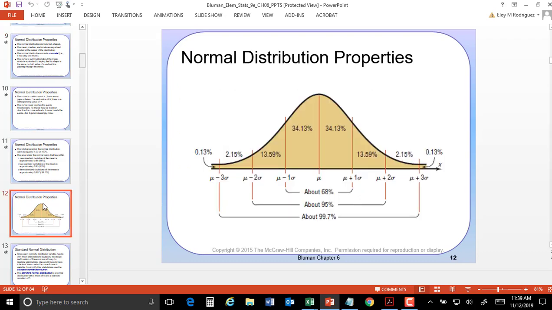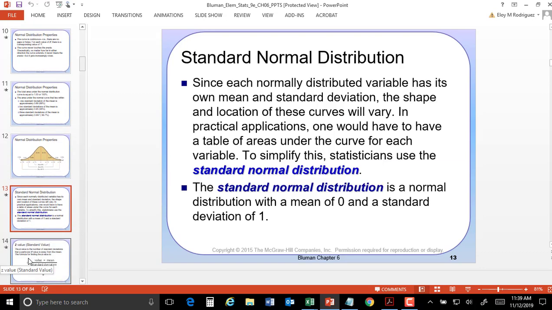So we can see that plus and minus 1 deviation from mu, just 1 deviation plus and 1 deviation minus, contains 68% of all observations in a bell curve. Well, that's nice. Okay, now we have the standard normal distribution.